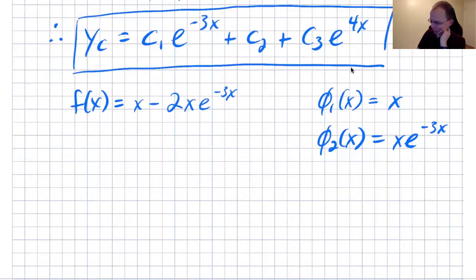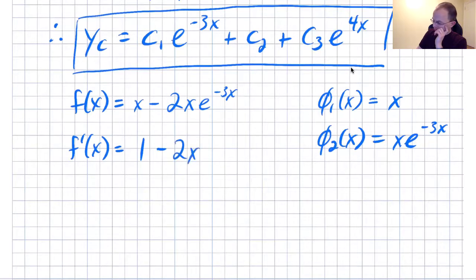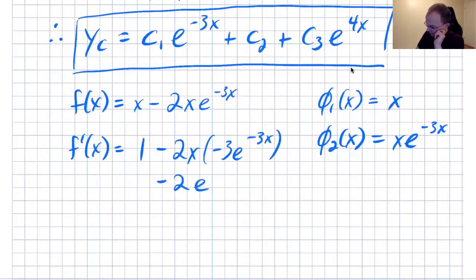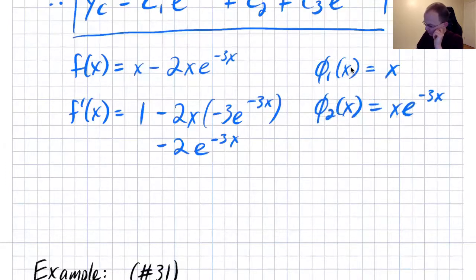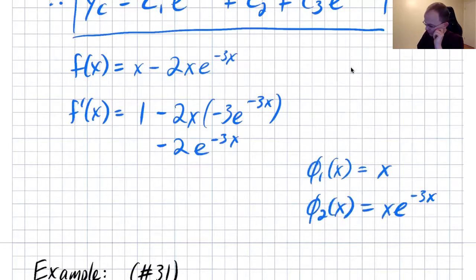But we need to get all the terms that appear in f and its derivatives. So let's start taking derivatives. So we have 1 minus, and then we have to do a product rule. Let's see, minus 2x times negative 3e to the negative 3x, and then derivative of the first times the second.